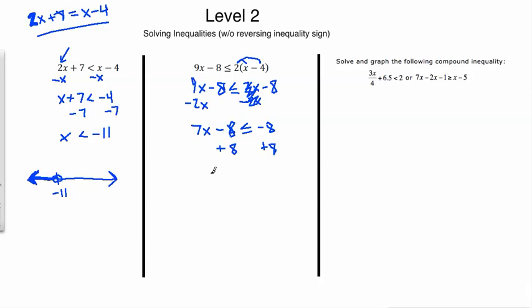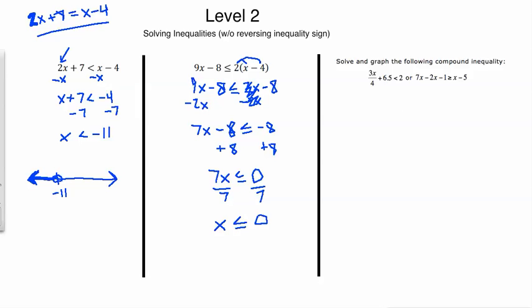So we have 7x is less than or equal to -8 plus 8, which is 0. Then last step, divide by 7. We want x by itself, and you get x is less than or equal to 0. We're not going to graph this one, but if you were to graph it, you'd have a closed circle, and then the shaded part would be going to the left.